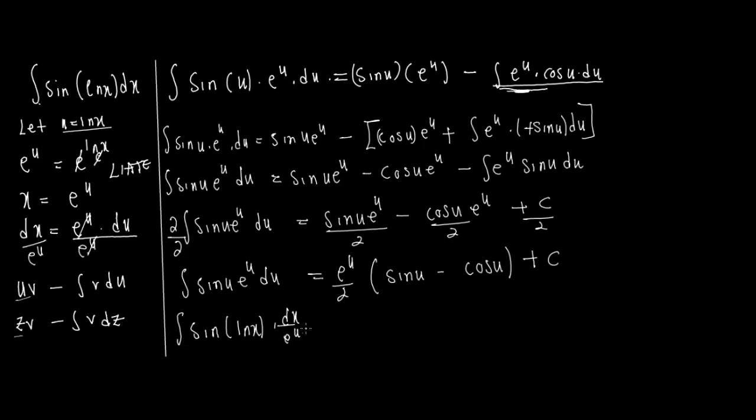And e to the u, what we know is that e to the u is like this one. So the base here is equal to e. So this one and this one will cancel each other. So here we'll have that this one is x, and x is equal to e to the u.